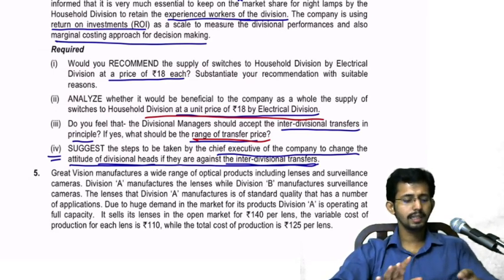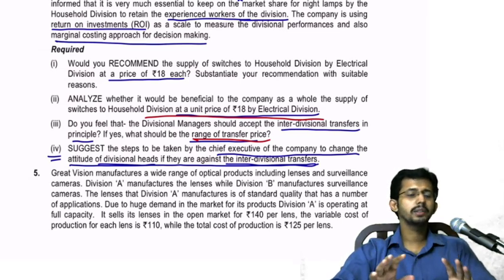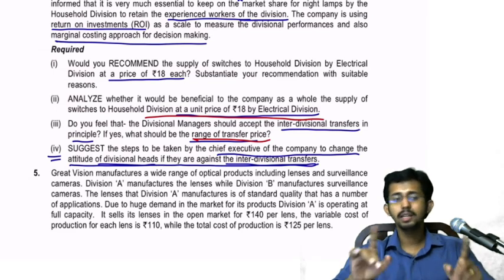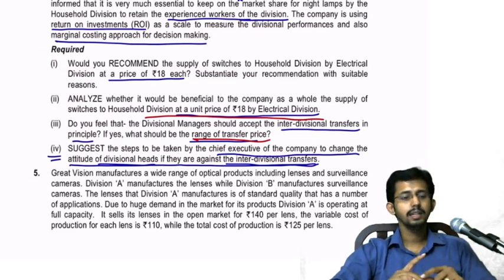That is the last sentence, because after telling all these things, the chief executive should ensure that the divisional managers know that they should give preference to the organizational entity, not to the divisional interest.